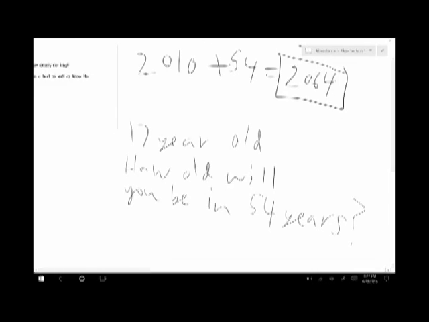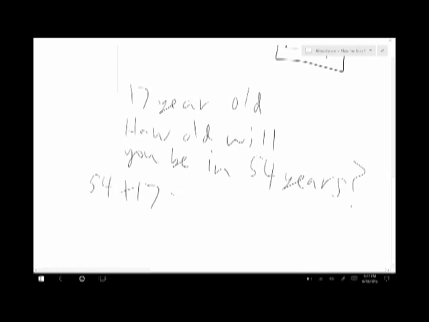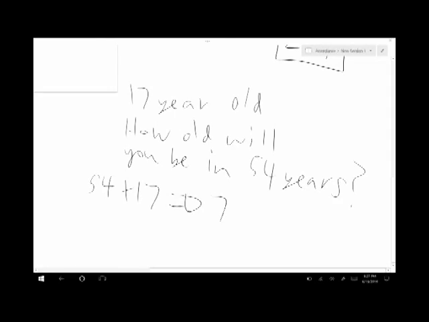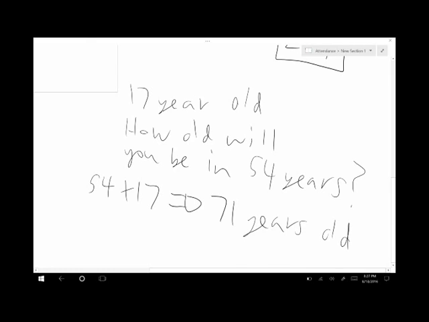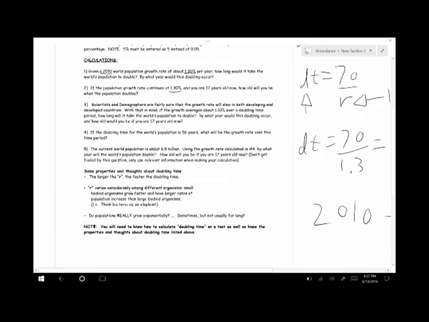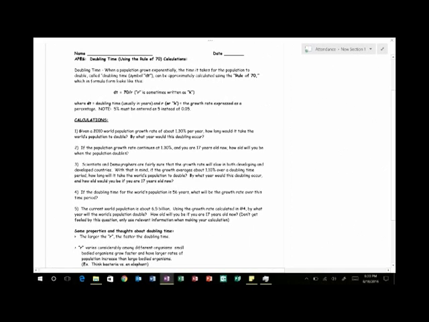To figure that out, what we do is 54 plus 17 gives us 71 years old. So that's number 2.